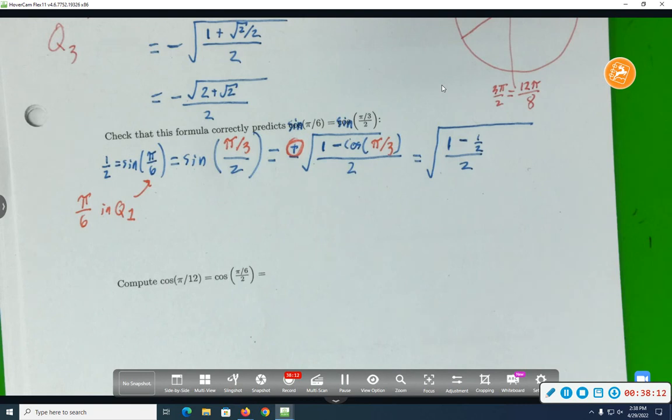What's 1 minus 1/2? 1/2. What's 1/2 divided by 2? 1/4. What's the square root of 1/4? Yeah, just 1 over 2, right? Oh, square root of 1 over 2. Yeah, but what's the square root of 1? Yeah. So you have the right answer. It's all the way simplified.